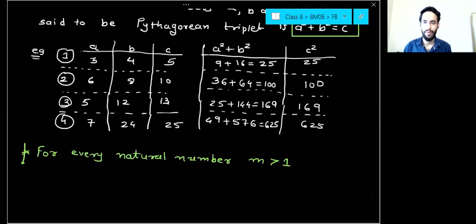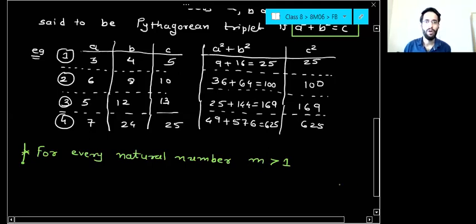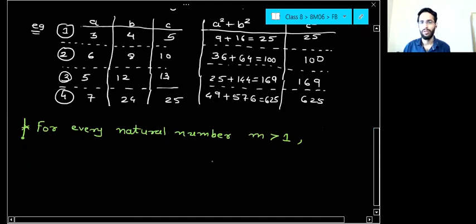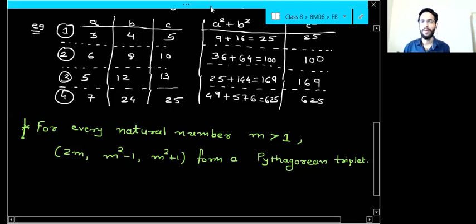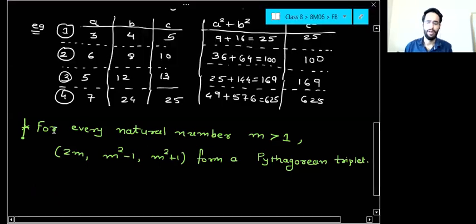So for every natural number m greater than 1, 2m, m square minus 1, m square plus 1 form a Pythagorean triplet. First, you understood this, right? Now let us check this.